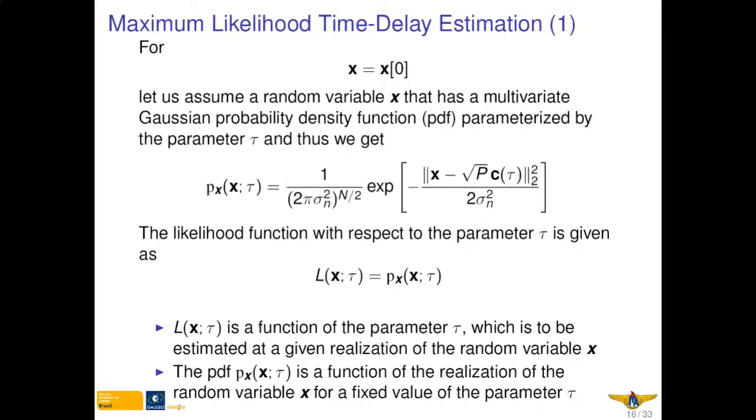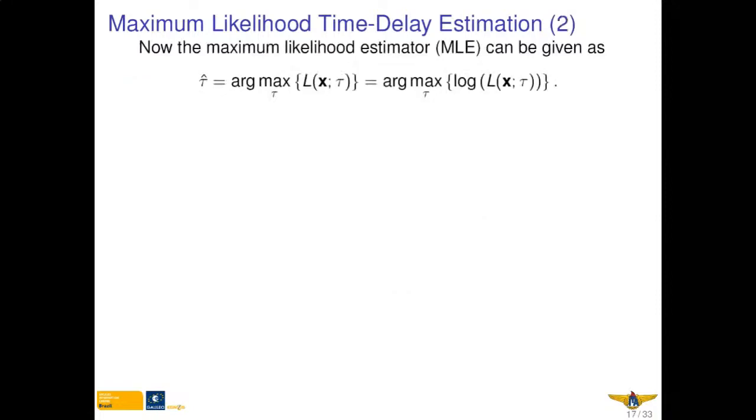We will now consider the likelihood function, and we are using it to find an estimate for tau, which is called a maximum likelihood estimator. So we take the likelihood, and we receive a realization of our random variable x, so our signal x at one period.